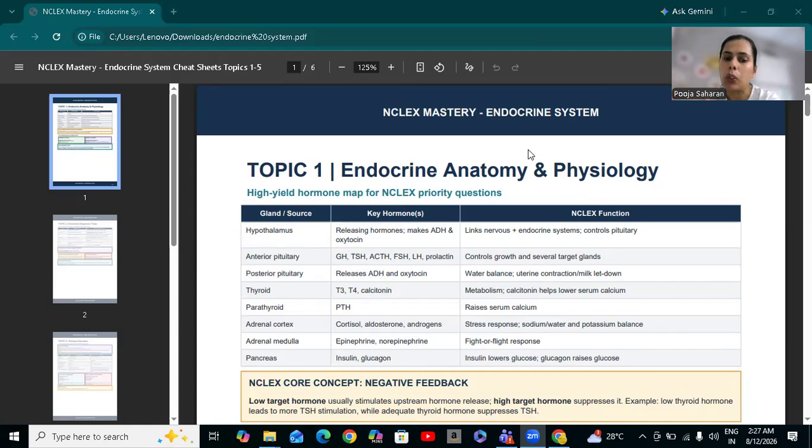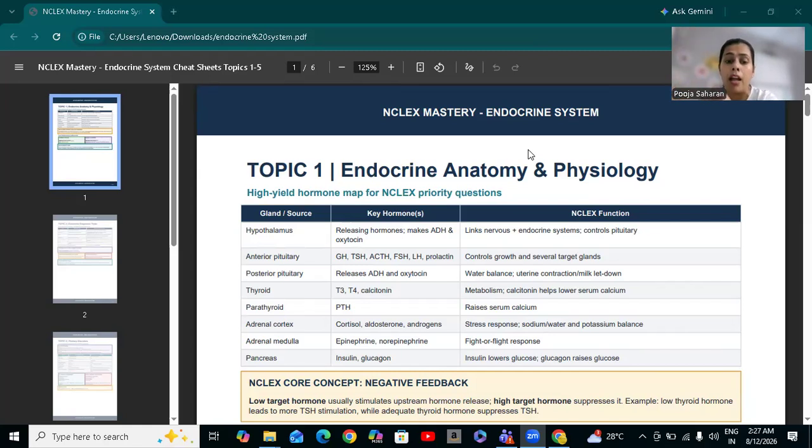Insulin lowers the glucose, and as the name suggests, if you administer glucagon, the glucose level will increase.